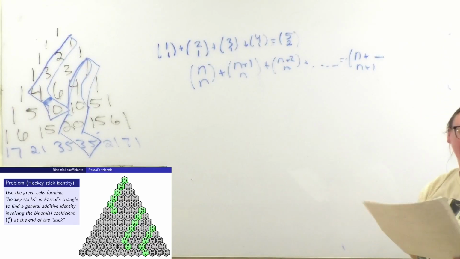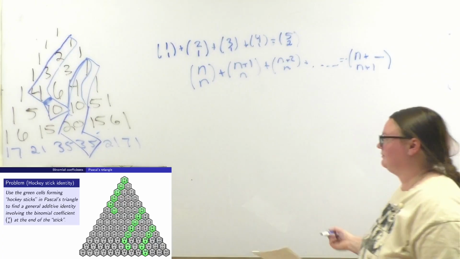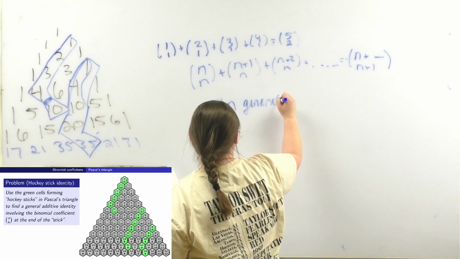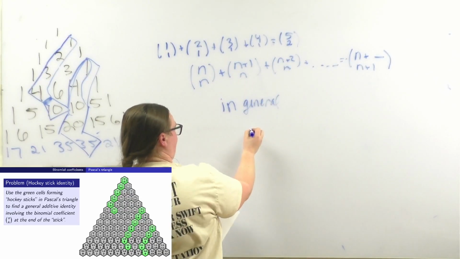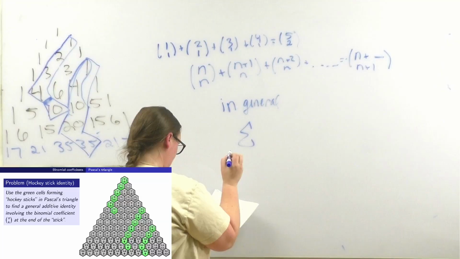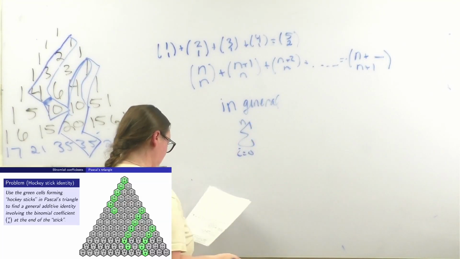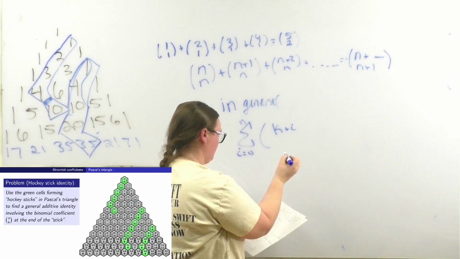Okay. So in general, we're adding these together. That's the sum, right? From i equals 0 all the way to n of k plus i choose k.